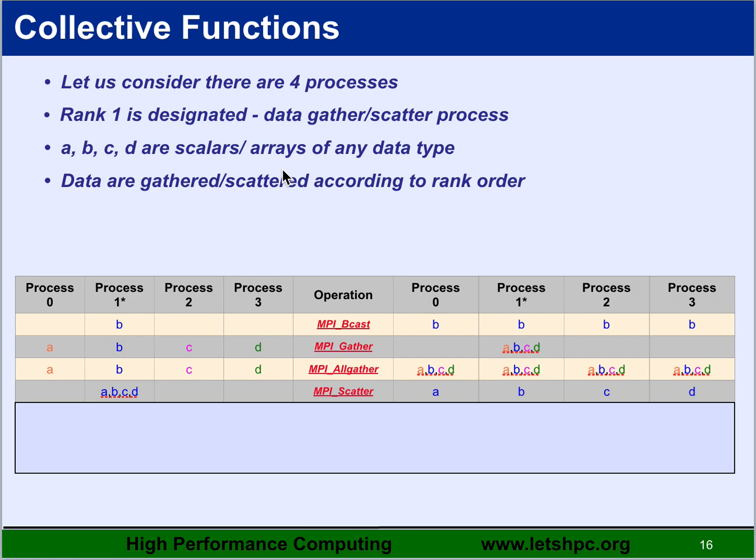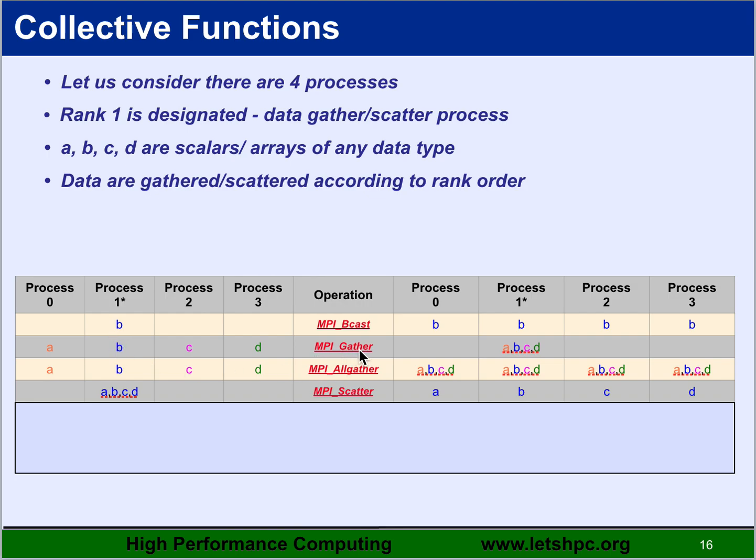So here we are just looking at what will be the output of these four operations. Let's say we do an MPI broadcast. As we have discussed, here the root process is process with rank 1. This process has the value b, so this will be broadcasted to all other processes. After this operation is over, all the processes, that is process 0, process 2, process 3, will have this b.